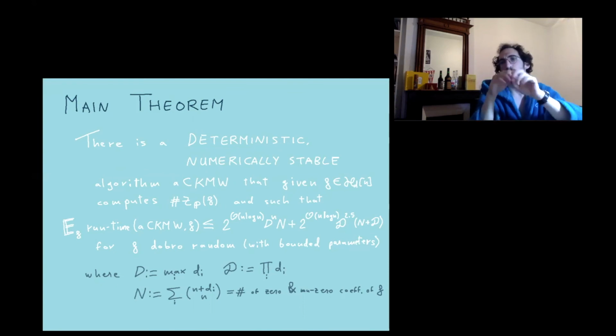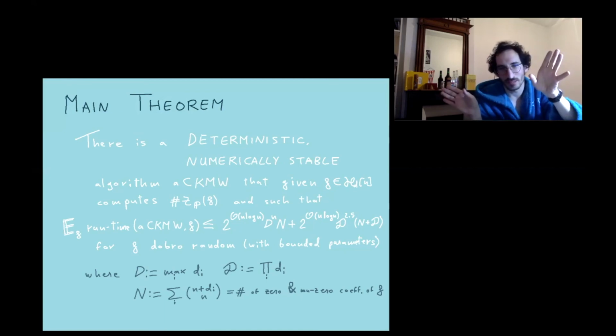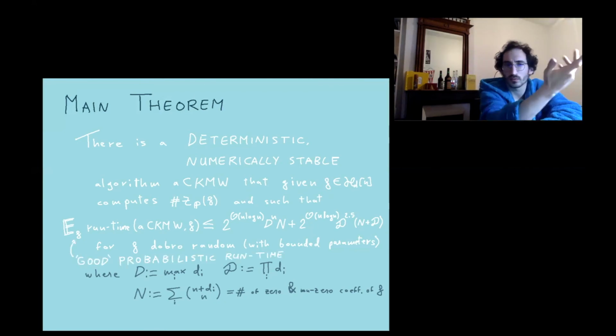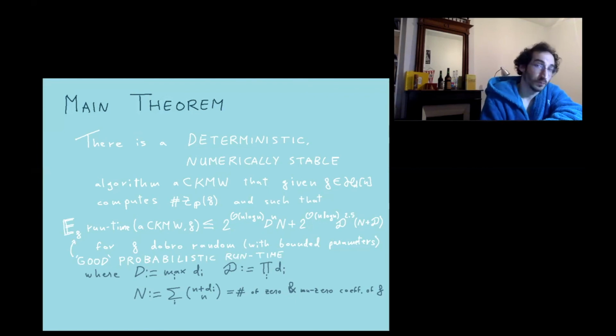Here I'm omitting the relevant technical constants that we will need to add for this bound being valid for all Dobro random polynomial systems. And we can consider that this is a good probabilistic runtime compared with other algorithms for computing all the real projective zeros.